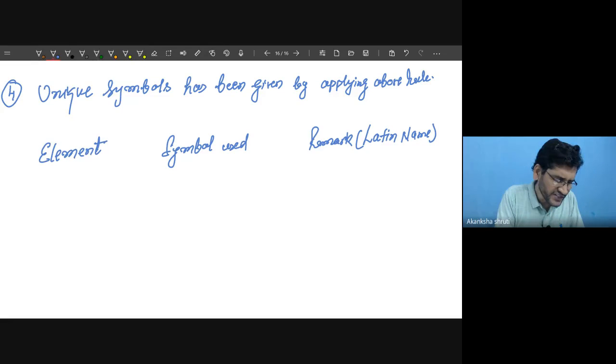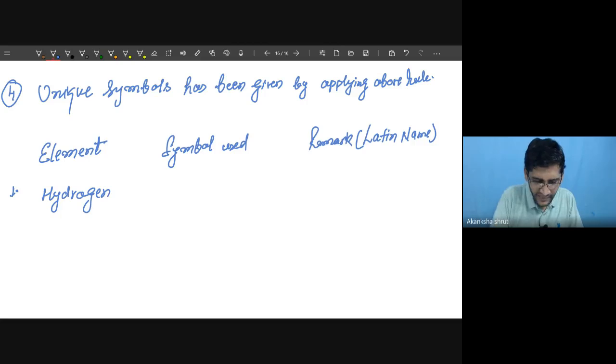So the very first, the simplest element, is our hydrogen. It is denoted by H. No Latin name, or the Latin name is also hydrogen. The second one is our helium.